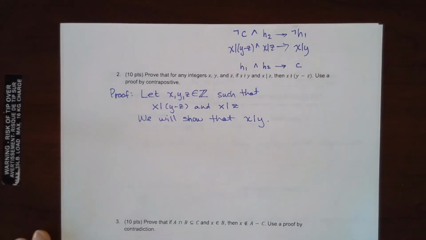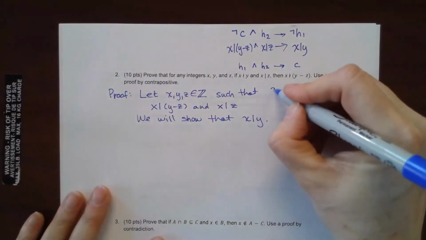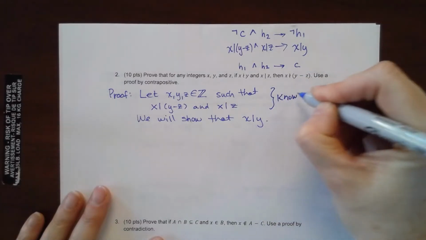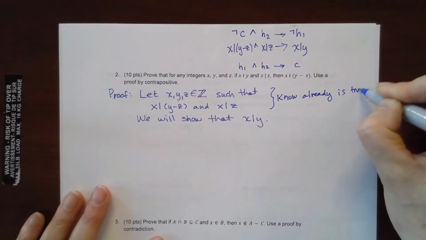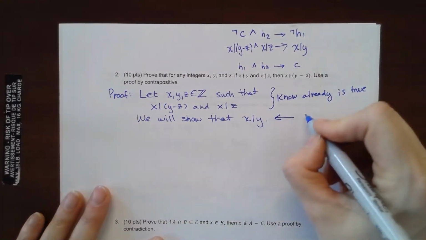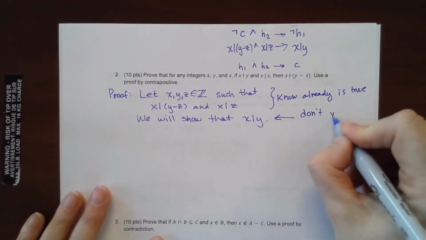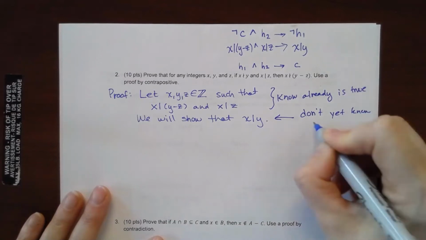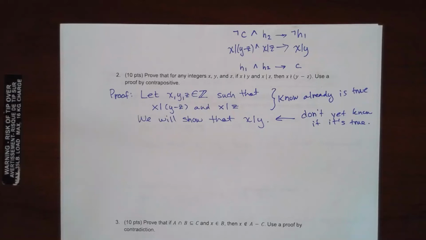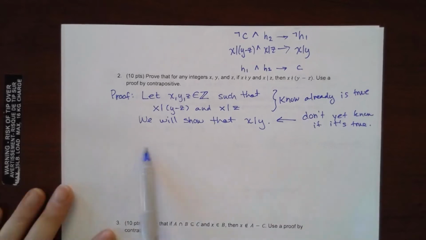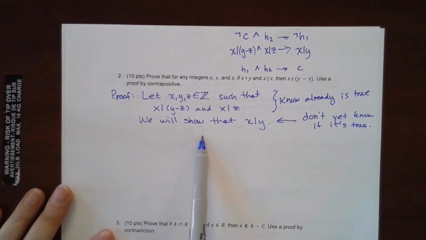Okay. So this is the stuff that I know already is true. This is I don't yet know if it's true. So what you definitely would not want to do at this point, which I did see some people do, is say something like, well, we know there exists an integer a such that y equals ax.